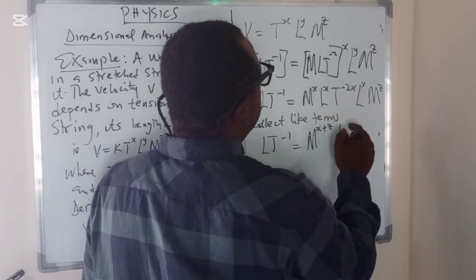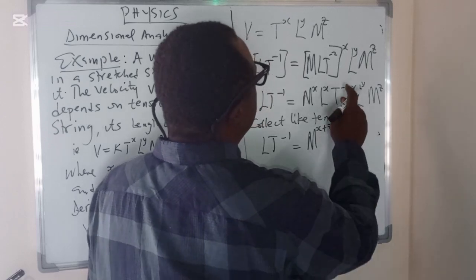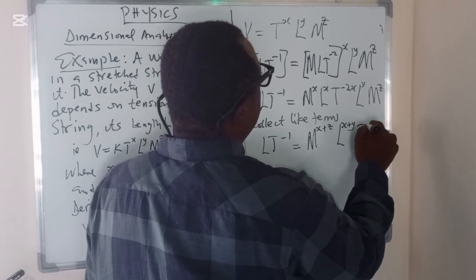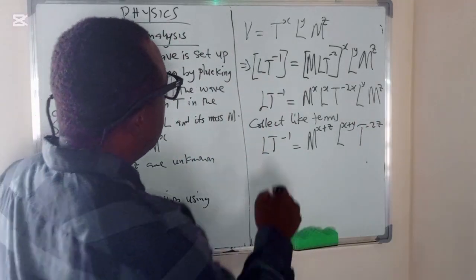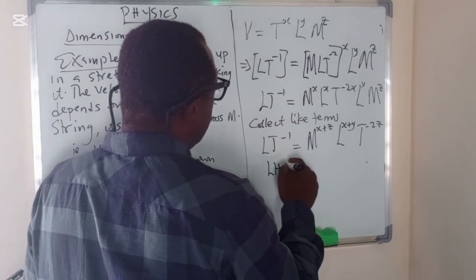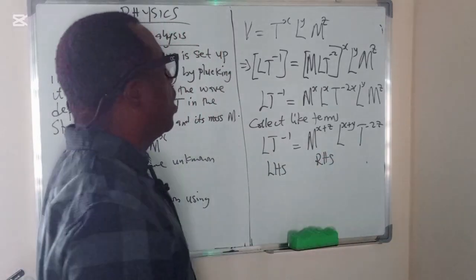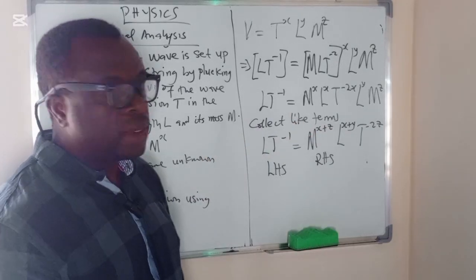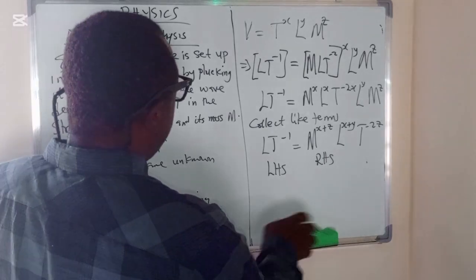That is L raised to power x plus y, and T is T raised to power minus 2x. So this is the left hand side of the equation, and this is the right hand side of the equation. Whatever you do to the left hand side, you must do to the right hand side. So we equate the powers.